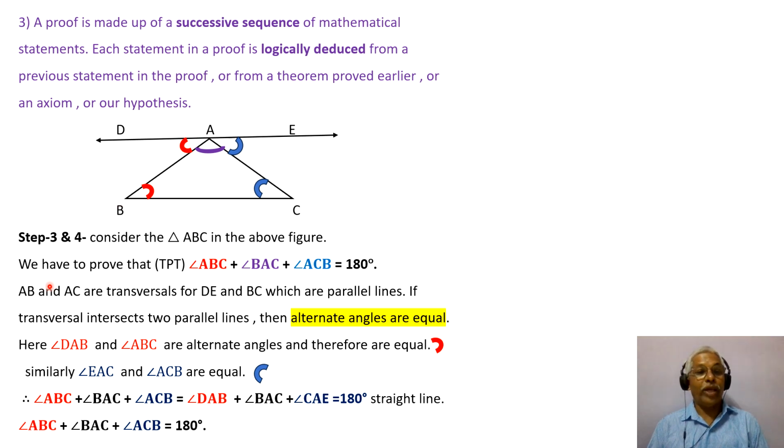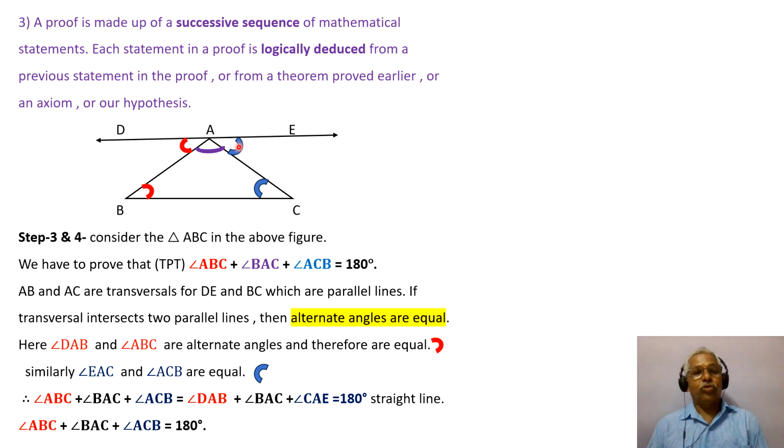So AB and AC are transversals for DE and BC, which are parallel lines. So we are taking advantage of a proof proved earlier. If transversals intersect two parallel lines, then alternate angles are equal. We have proved this, and we are taking advantage of this.